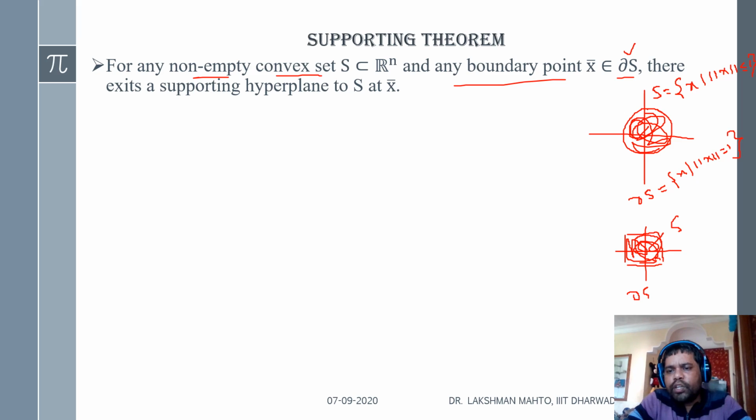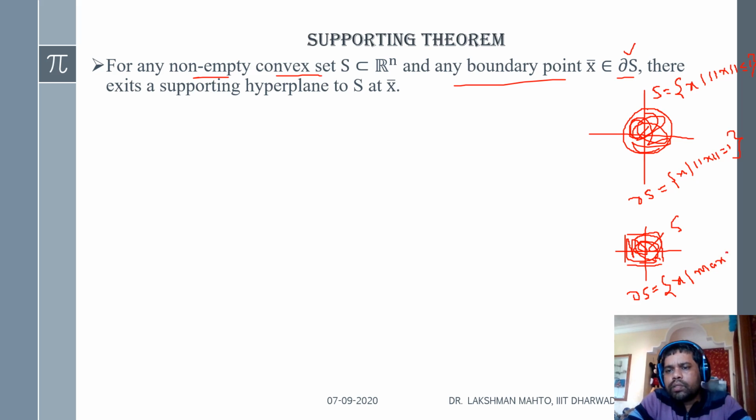So what is the boundary? This one is the set S, the unit ball. I am interested in finding the boundary because a supporting hyperplane always passes through the boundary of the set. What will the boundary be? The boundary would be a square. So in algebraic form, how can we write the equation of the boundary?